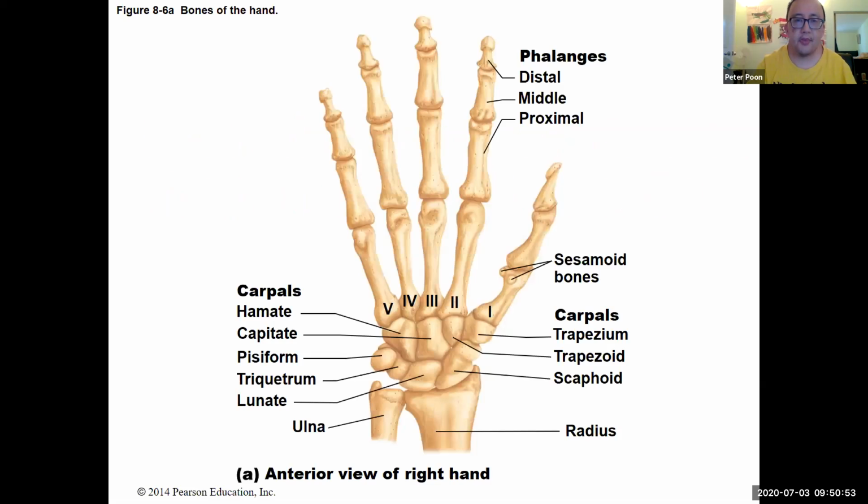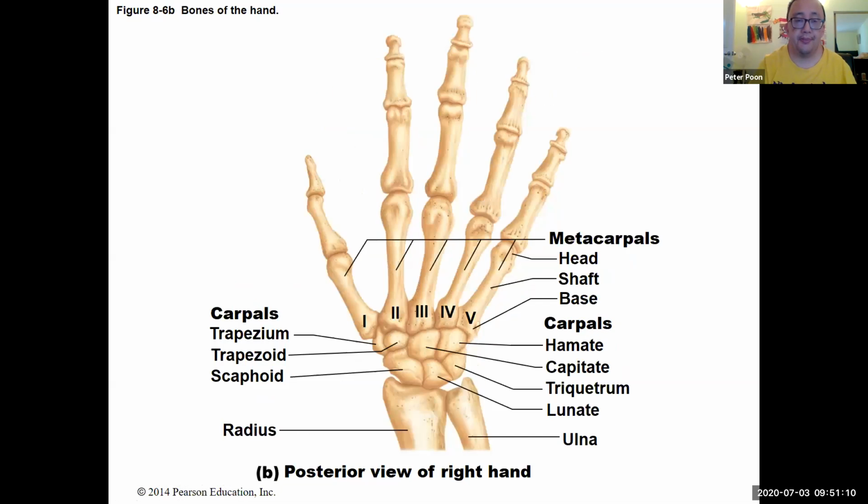So here you can see them all. Scaphoid, lunate, triquetrum, pisiform, and second row, trapezium, trapezoid, capitate, hamate. You also see them from the back.